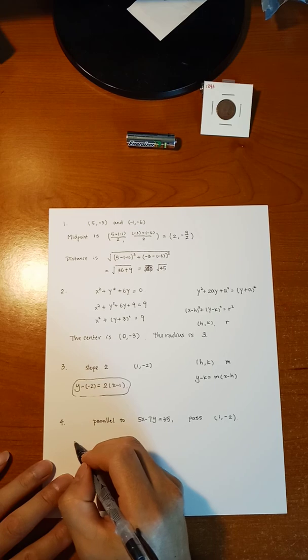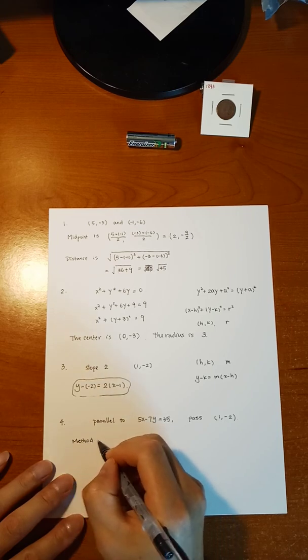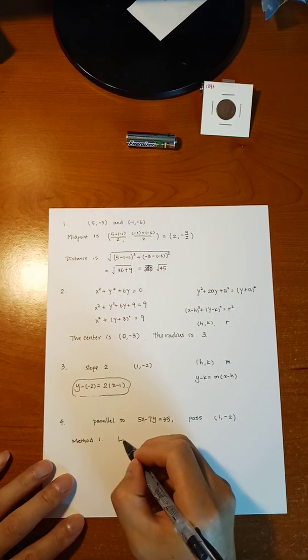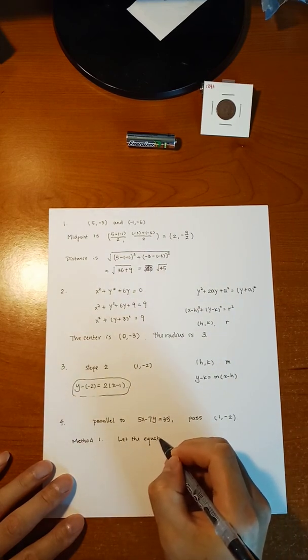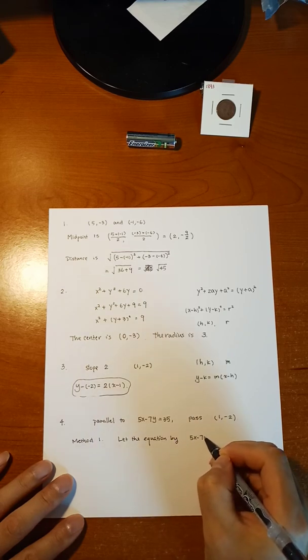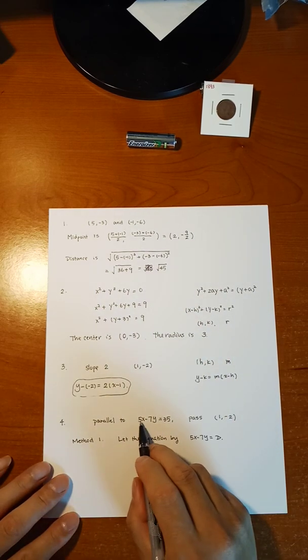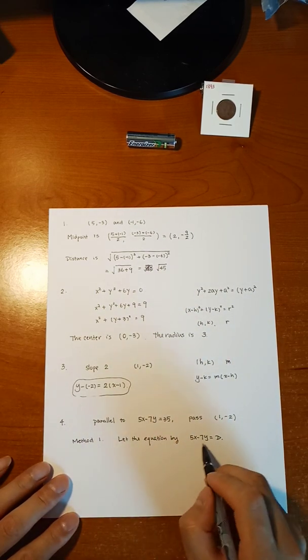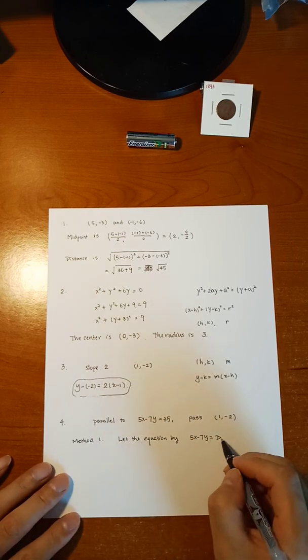First way, let the equation be 5x minus 7y is equal to d. You just copy this xy part, and this constant number you replace by d.